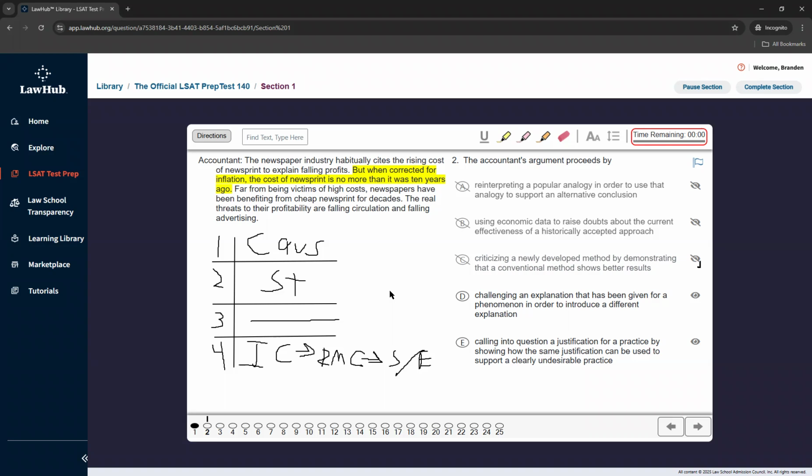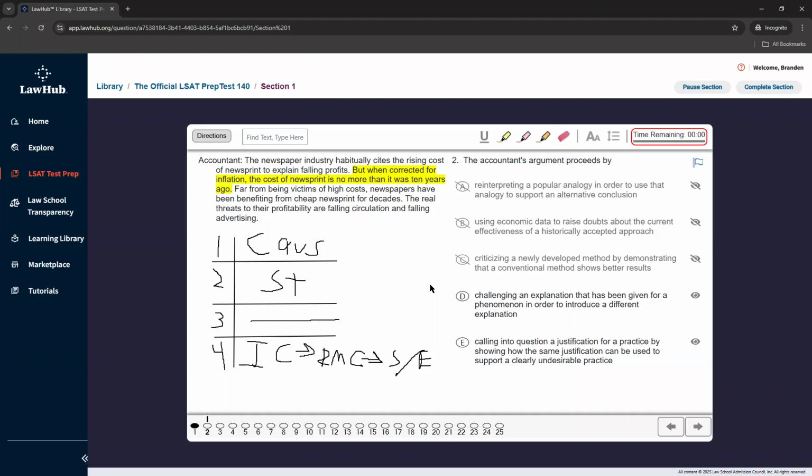When we have D: challenging an explanation that's been given for a phenomenon in order to induce a different explanation. I do like that because our main conclusion is inherently refuting. So we like this immediately. And as we know, everything here is causation, so that goes along with our explanatory.